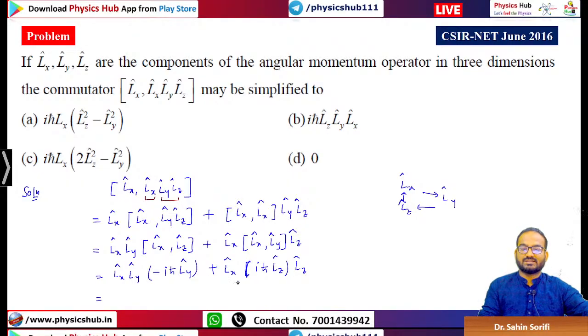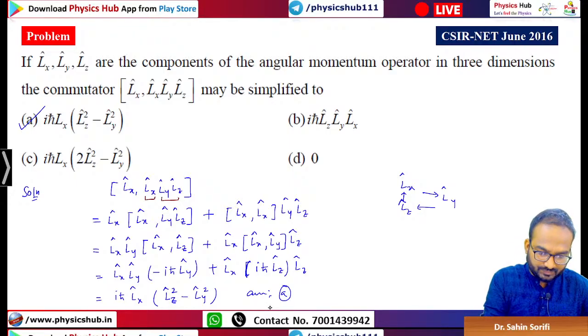From the second term we get Lz square, and from this we get Ly square. So option A is matching.